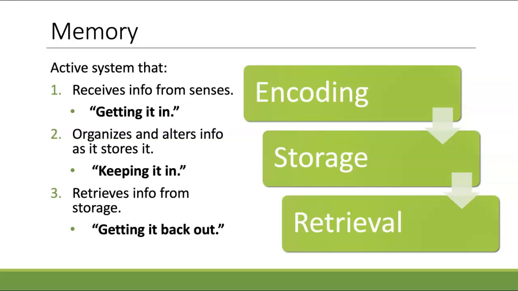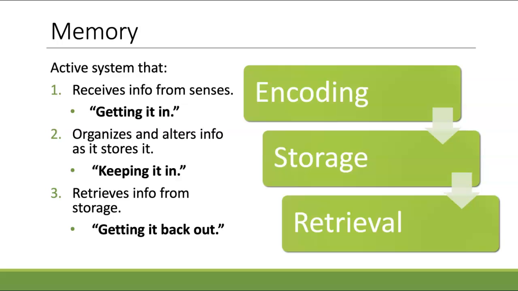So starting with what we mean by memory. Memory is an active system. That means it's constantly active. Our memory system is constantly collecting and storing information. And it's made up of a set of processes used to encode, store, and retrieve information over different periods of time.